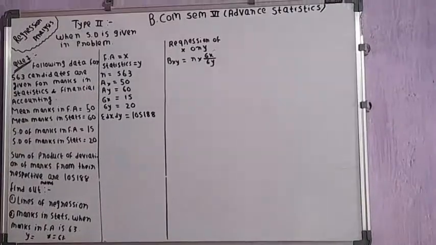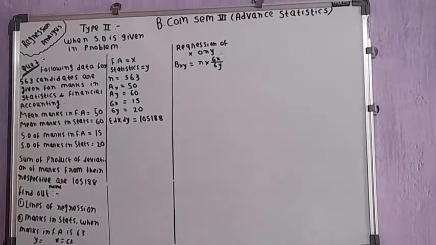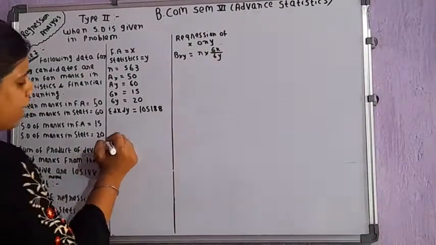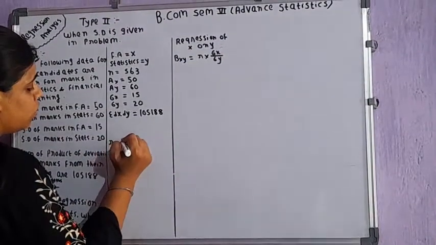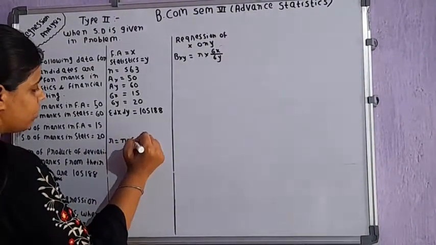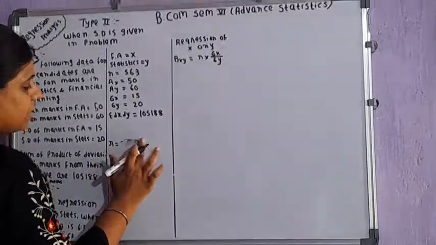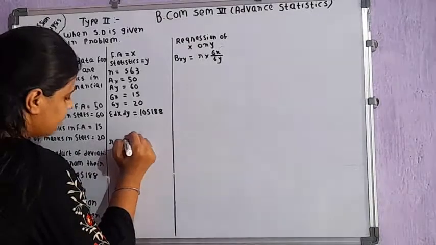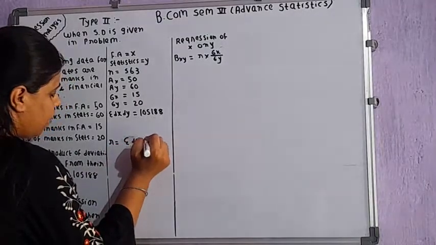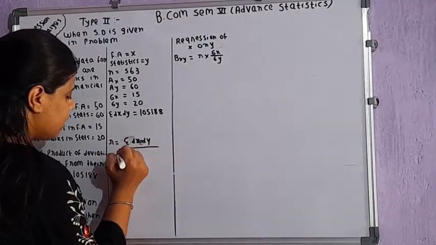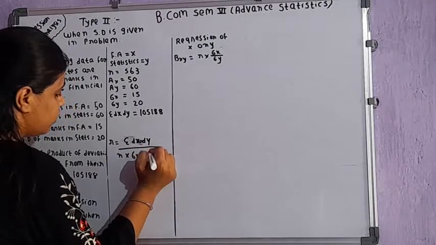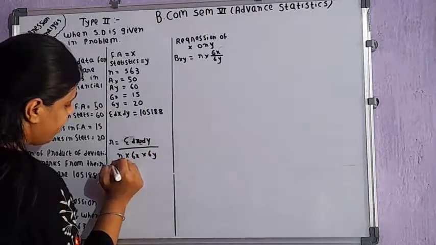So formula to calculate r when the standard deviation is given in the problem is r is equals to summation dx dy upon n into standard deviation of x into standard deviation of y.